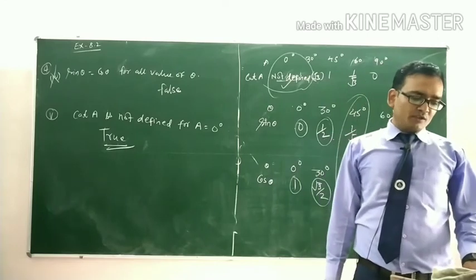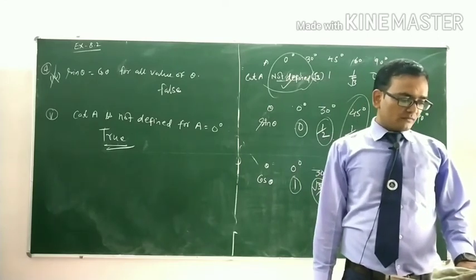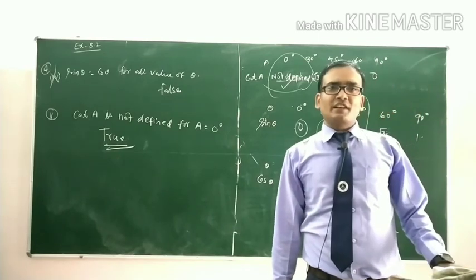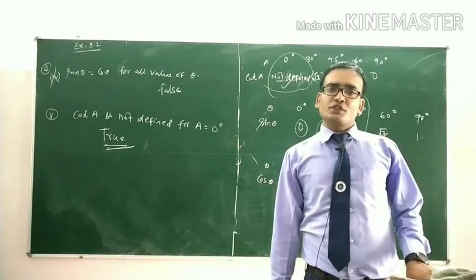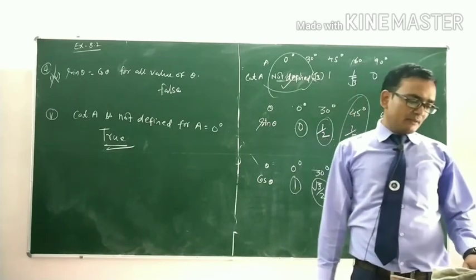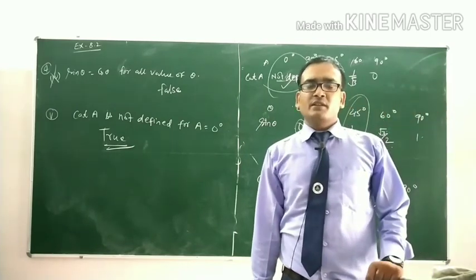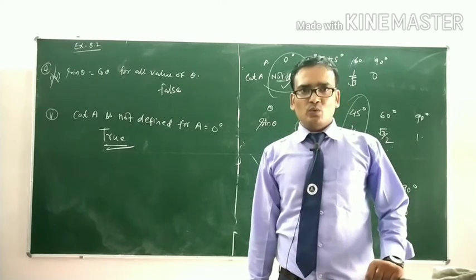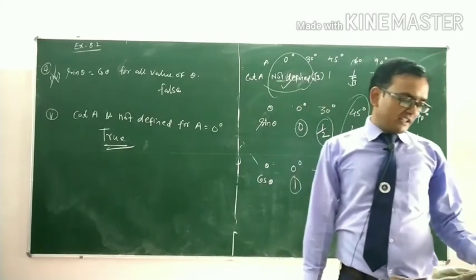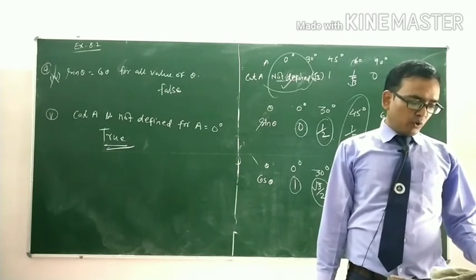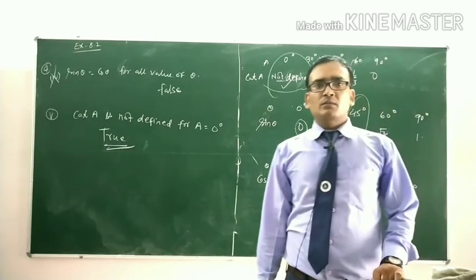And fifth, cot A is not defined for A equal to 0, is true. That means the second and fifth statements are true, and first, third and fourth are false.